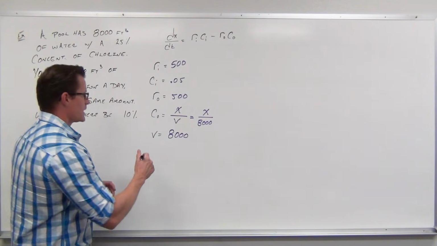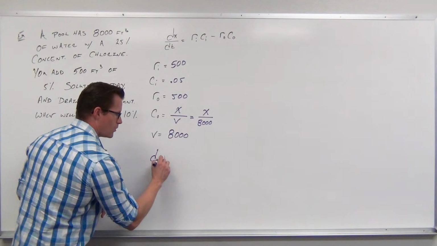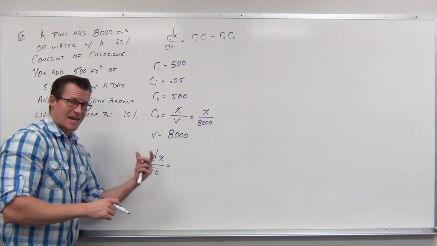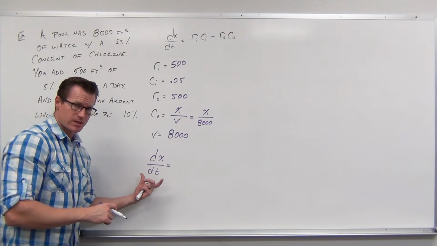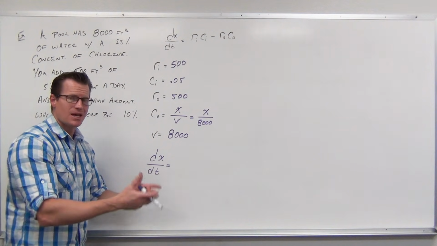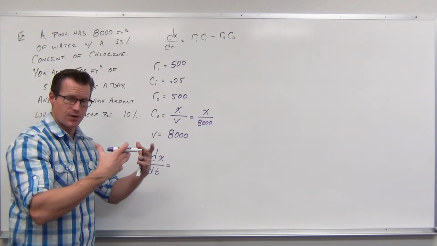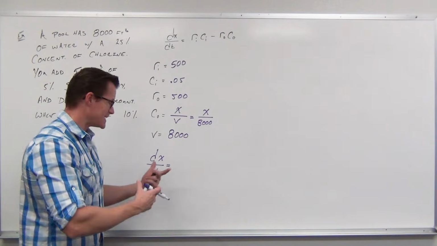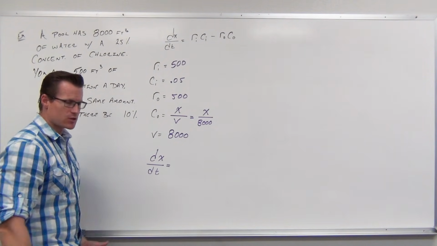So dx dt, how is chlorine changing with respect to time? Notice this is the rate of change of chlorine with respect to time. If we undo this derivative, we get the amount of chlorine with respect to time. That's the idea, the position of the chlorine, how much we have.